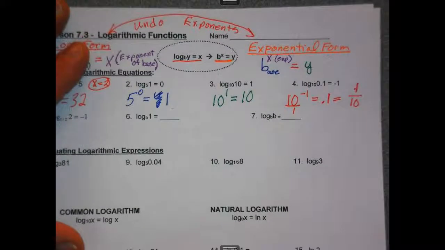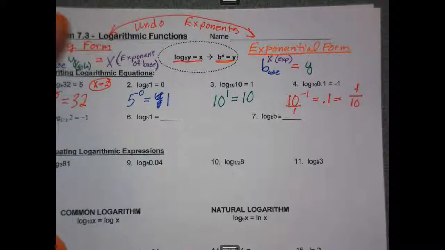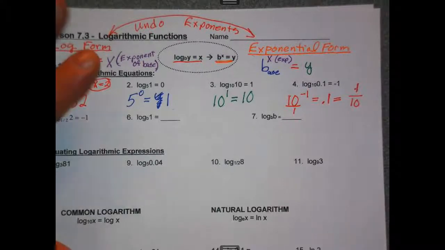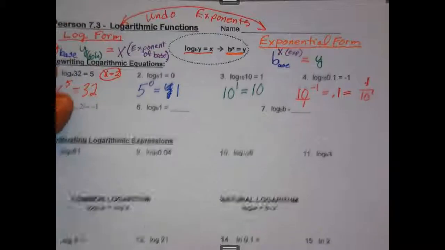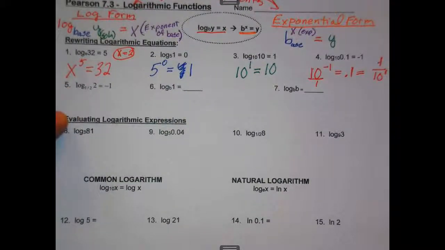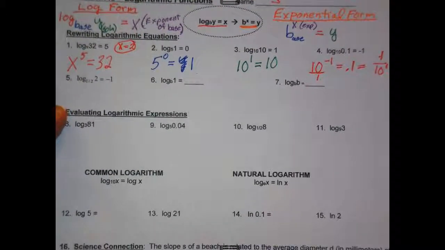We flip it and make the exponent positive. Now, do you get this? Because I'm going to start yelling at you in about 4 or 5 minutes. You need to do brain work with this.